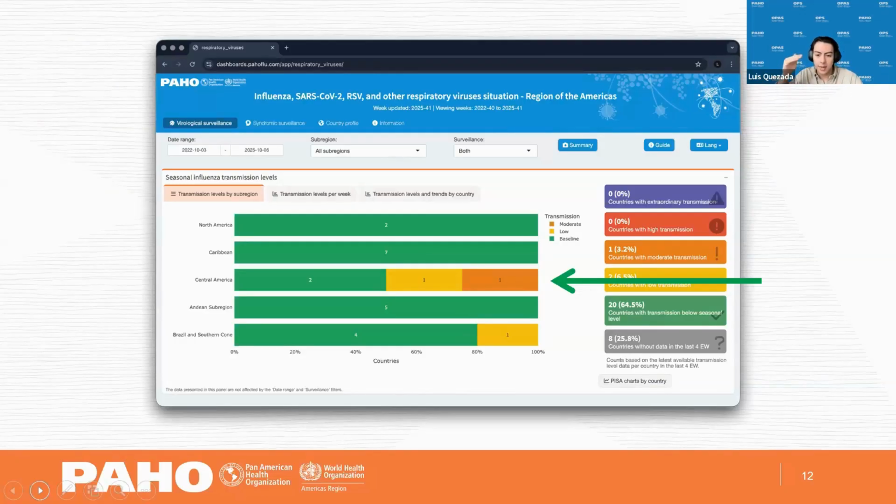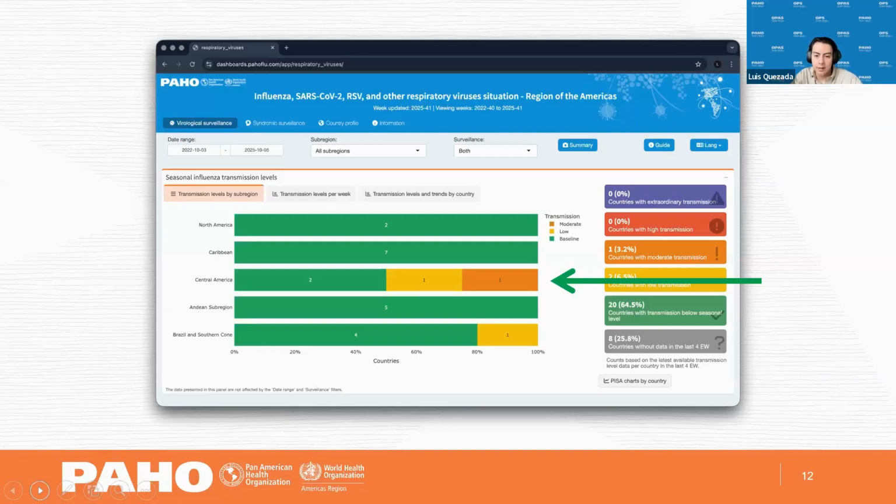For example, we have extra, high, moderate in orange. We have the low threshold and the basal mode in green. As you can see, all of these countries can be classified in such levels.